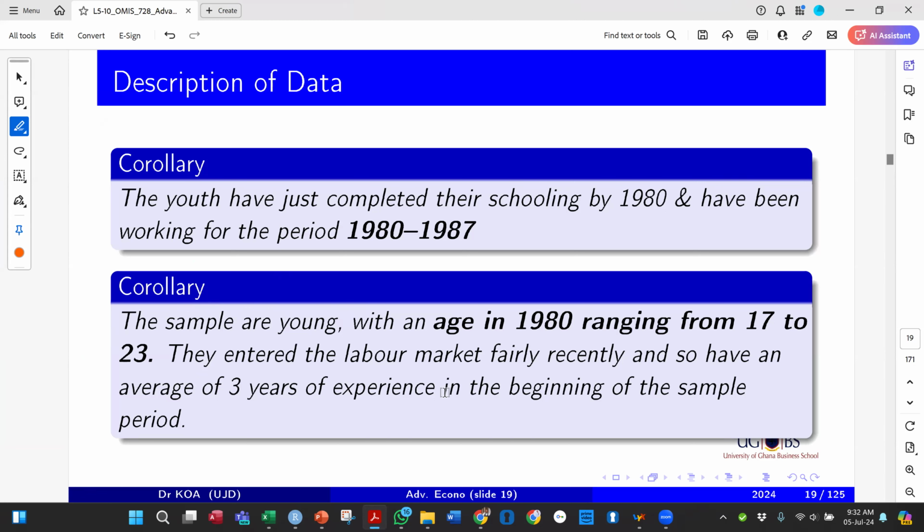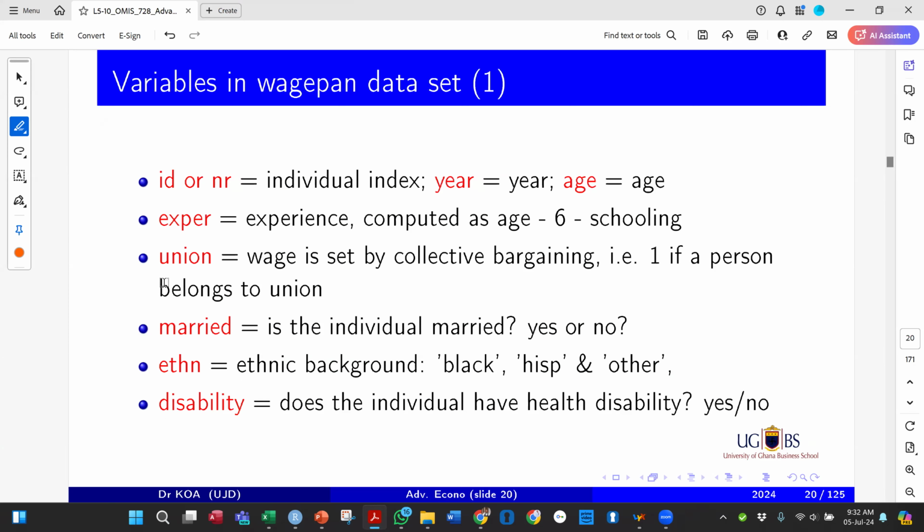So by 1980, they have about 3 years. Some will be less, some will be more. And these are the variables. I was talking about ethnicity. The ethnicity indicates whether the person is Black, Hispanic, or other. And you can see that the 13th guy was other, which means he's neither Black nor Hispanic.